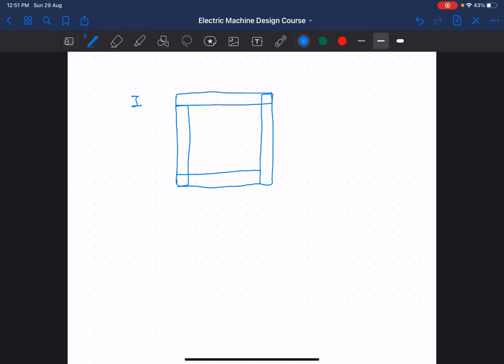So this inner I is hidden, you cannot see it. If you see from the top, it's something like this.